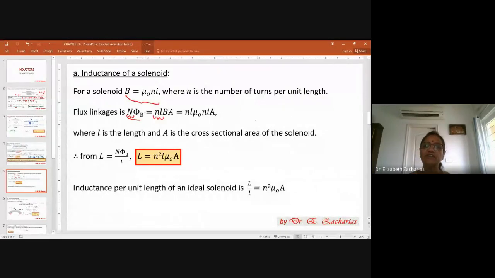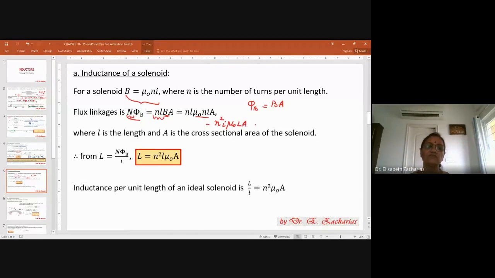Since the magnetic field is uniform, for a solenoid, B dot A is BA. So you will get N into L into B into A. Now, what is B? B is equal to mu naught into small n into I. Now let's simplify this. You will write it as N square I mu naught L A.